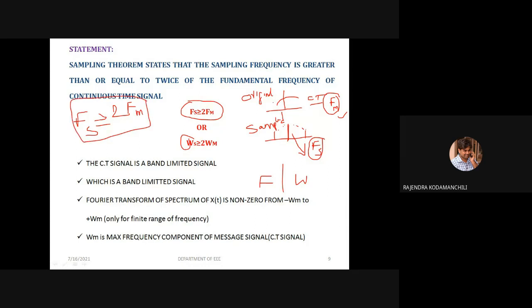We convert the original signal into a discrete signal, and this discrete signal is used to recover the original signal. The original signal is recovered from the sampled output signal without losing any information or data when the sampling frequency is greater than or equal to twice the fundamental frequency.